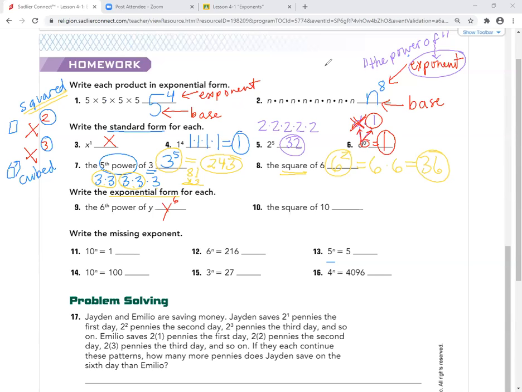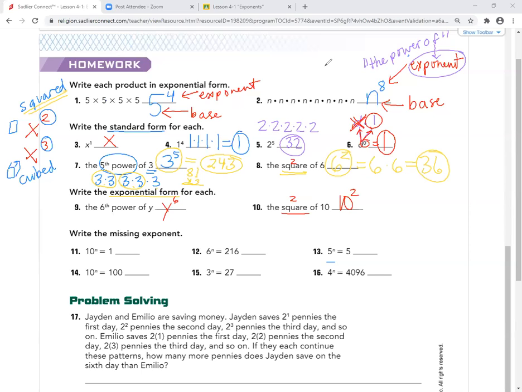That's it. What's the exponential form for number 10? It says the square of 10. So to the 2nd power. Remember, square is a 2-dimensional shape, and so that means go to the 2nd power. If I wanted to find the standard form value of this, would it be 10 times 2 or 10 times 10?